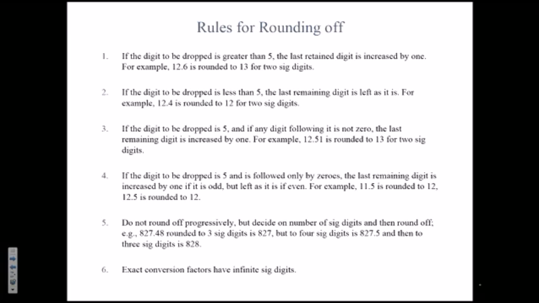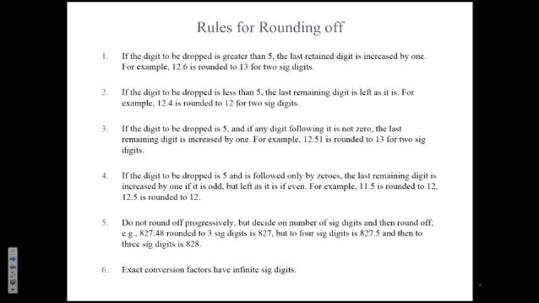So for example, if you have 11.5, after the 5 there is nothing, and you have to round it to 2 digits, you look at the number before the 5, 1, which is odd. So this becomes 12. And if you have 12.5, you have 5, nothing after that. You have 2 here, which is even. This is left as 12. So 11.5 is rounded to 12, and 12.5 is also rounded to 12. Okay? This is just an arbitrary rule.